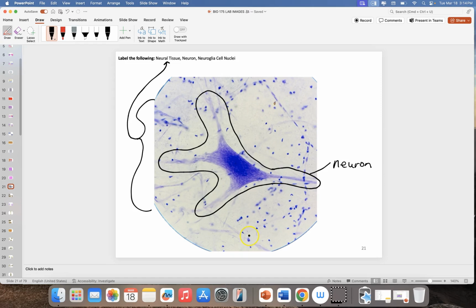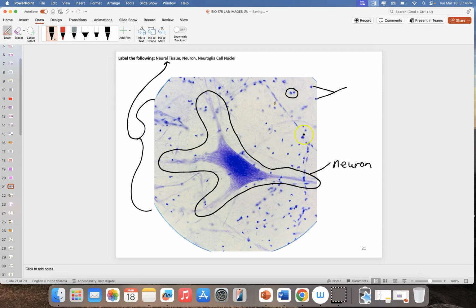Surrounding the neurons and supporting the neurons are the neuroglia cells. And again, I know I've said this a whole bunch, but if we want to try to find a cell, one of the best things that we can do is look for a nucleus. And we can see several nuclei. I'll point out a couple here. I'll go ahead and circle some.